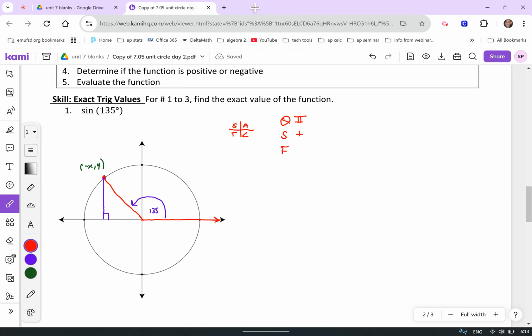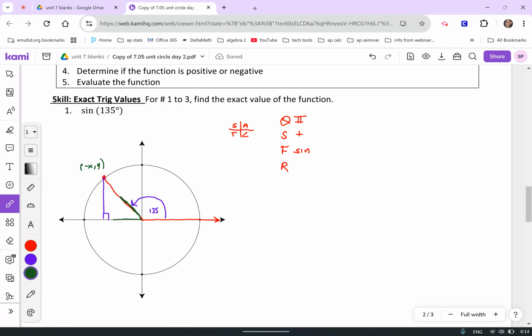The function that we're dealing with is sine, and we need the reference angle. So how do we get the reference angle when you're in quadrant 2? Well, what is the reference angle? The reference angle is the angle formed by the closest portion of the x-axis and the terminal side of the angle.